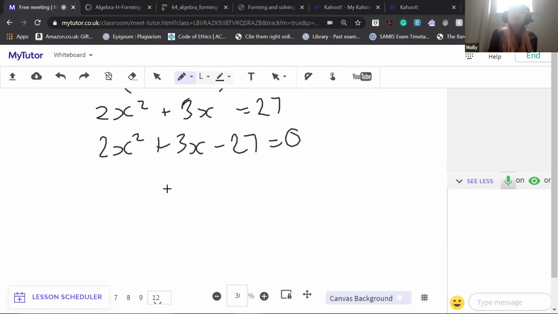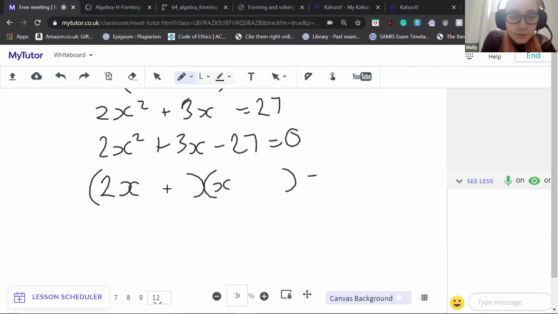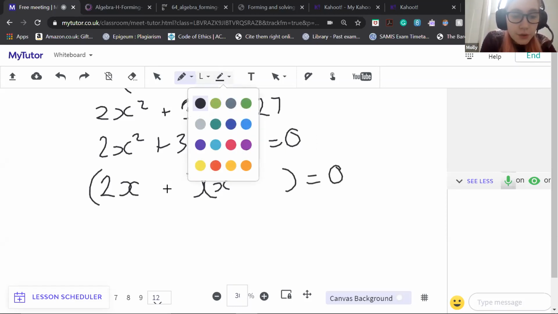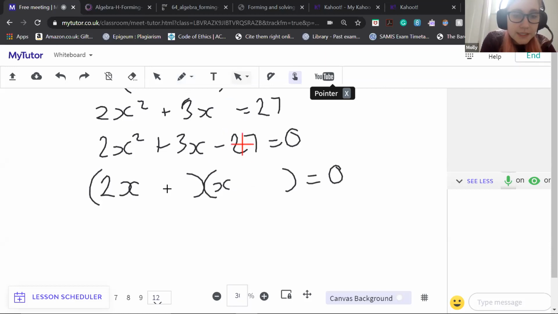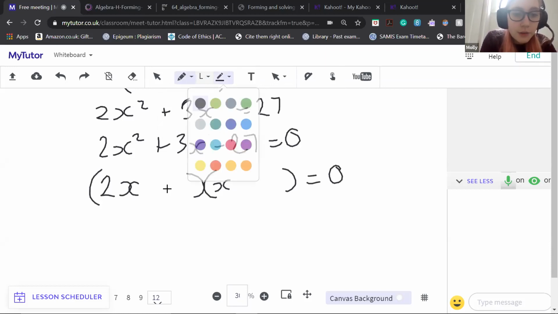Now, this is a difficult one because we've got a 2x squared. As I said last week or maybe the week before, I did do a session on how to factorize things like this when you have a bigger coefficient of x squared than 1. But the answer to this one is going to be 2x. Now, we know it's got to have a 2x and an x. And we know that there's going to be two different signs because this is a negative. We don't know which goes with which.